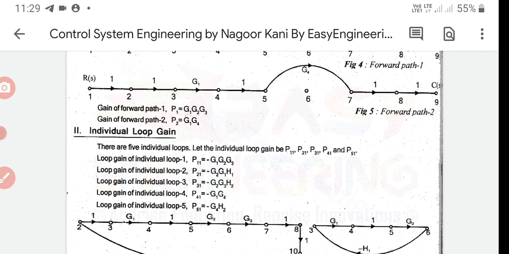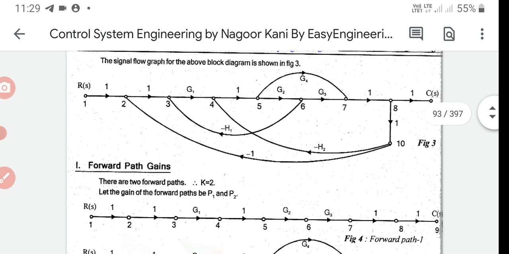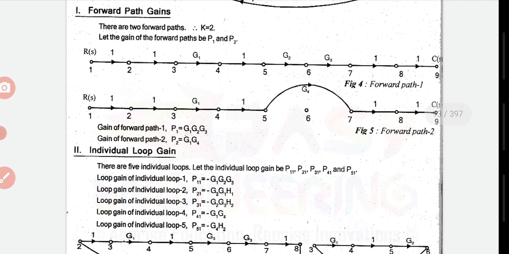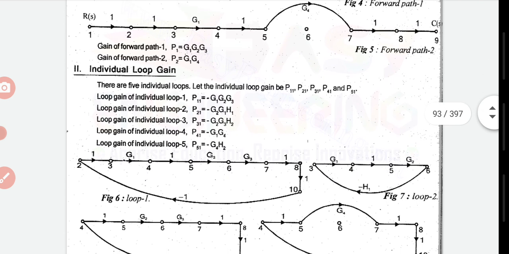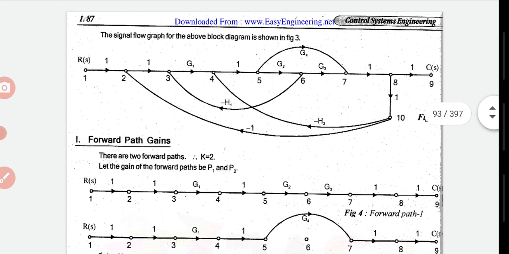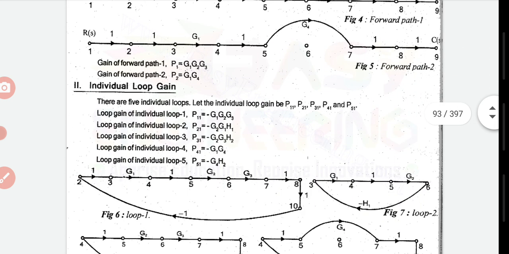Okay, and the second step, what you have to calculate? Individual loop gains. Now, see here, we have loops. How many loops are there? First of all, draw the loops, then you will understand. From second point to 8, one loop. This is loop 1.